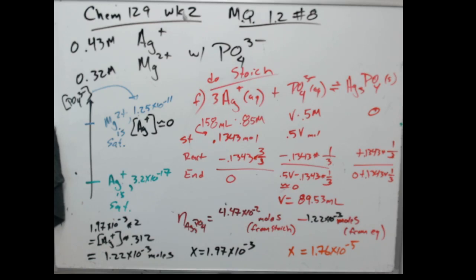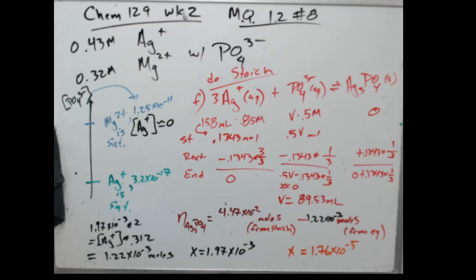It's just that all the calculations we've done in class, if we calculated our error in stoichiometry, they've all been like 0.0000001% error. They've been like 10 to the minus 7, 10 to the minus 8 error. This is a 3% error in our stoichiometry. We are making less silver phosphate than we actually think we are because of that equilibrium phenomena.